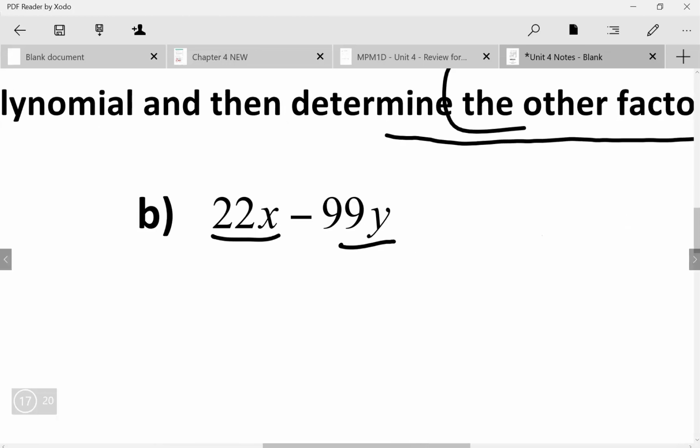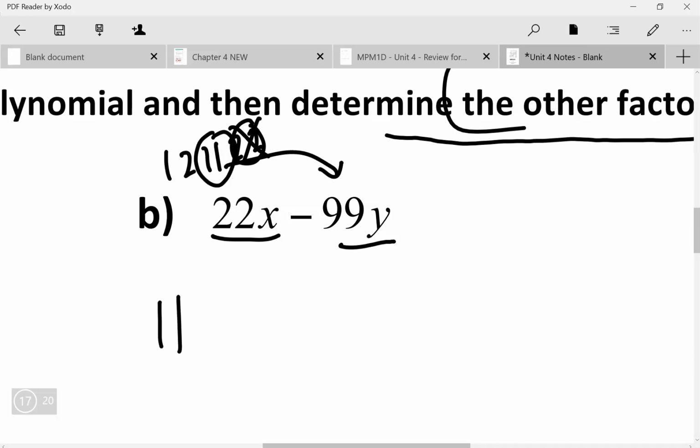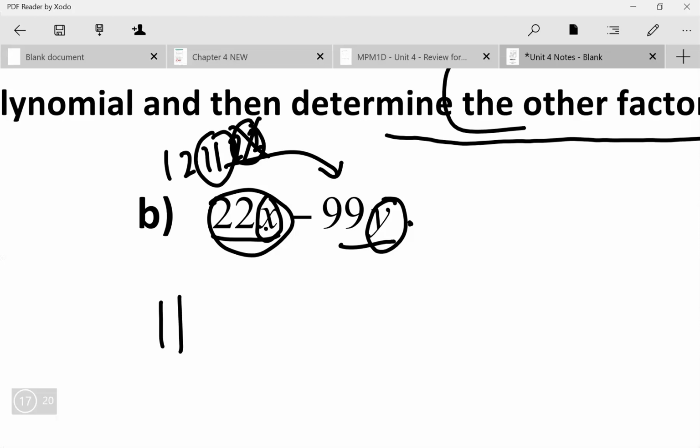22x minus 99y. 22: 1, 2, 11, 22. 22 doesn't go into 99. 11 goes into 99, so that is my greatest common factor in the number part. I have an x, but no x variable in the other term, so that cannot be part of my greatest common factor. I have a y in this term, but no y in the other term, so that cannot be part of it either. The key word there is common.